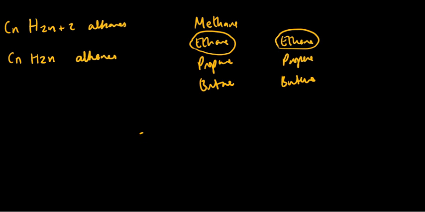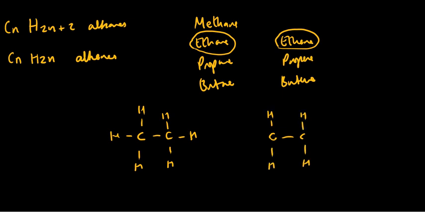So let's see if you can draw ethane and then also ethene. Okay, so ethane is going to look with 2 carbons and it is saturated like so. And ethene is going to be 2 carbons unsaturated, so therefore containing a double bond like so.